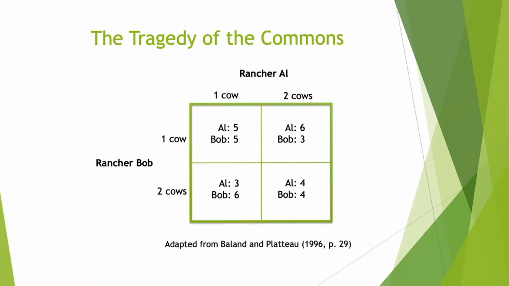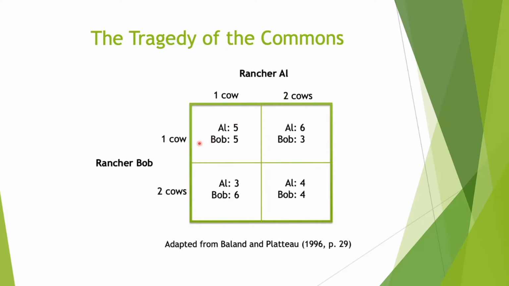So if you've got two ranchers, Al and Bob, and Al and Bob each have 2 cows, and they've got to decide how many cows to put out into this common pasture. If you're looking at these numbers as weight gain, let's say, per day, then Al could choose either 1 cow or 2.